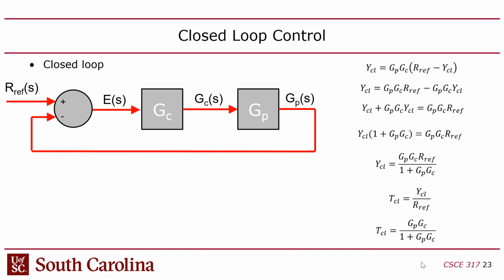So if you take, so you've got TCL equals YCL over RF, and so YCL is going to be, let's see, we're just going to divide, so we already have YCL here, right?